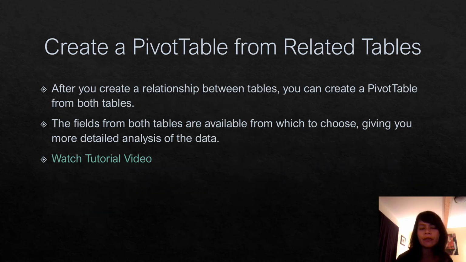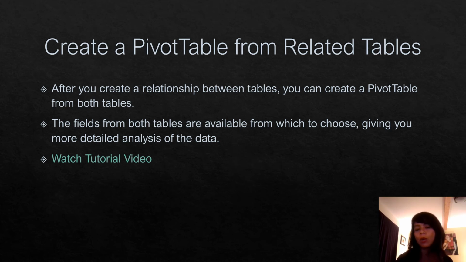After you have created the relationship between the two tables, then you can create a pivot table from the related tables. So after you create this relationship, your next step is to create the pivot table from the two tables in which you have established a relationship. The fields from both tables are available from which to choose, and this gives you more detailed analysis of the data.